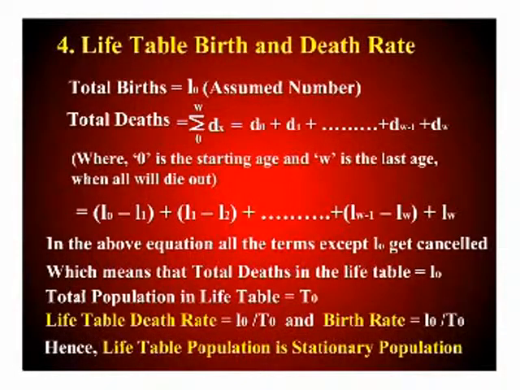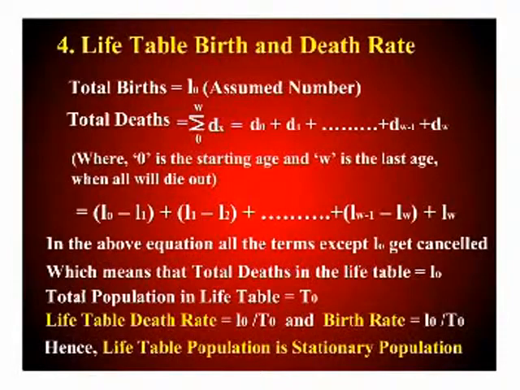The total number of deaths in a life table, which is equal to l0, can be calculated by adding deaths in all the ages or age groups, which is d0 plus d1 plus d2 etc., and the last age is dy, which can also be calculated using small l values: l0 minus l1 plus l1 minus l2 plus etc., ly minus 2 minus ly minus 1 plus ly minus 1 minus ly plus ly.